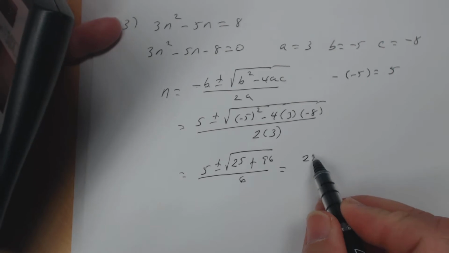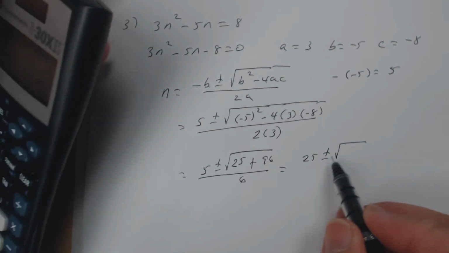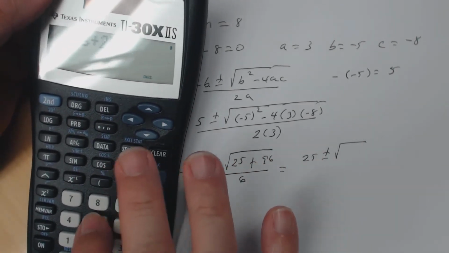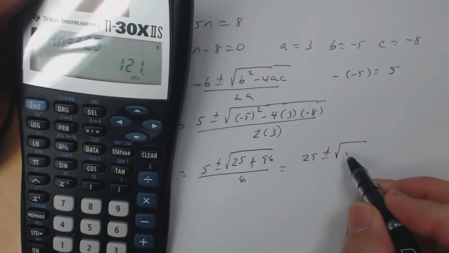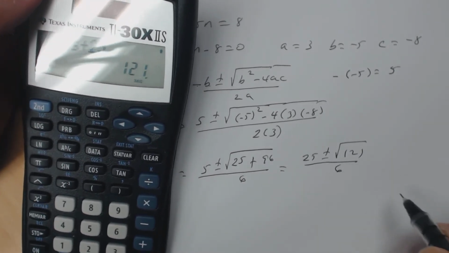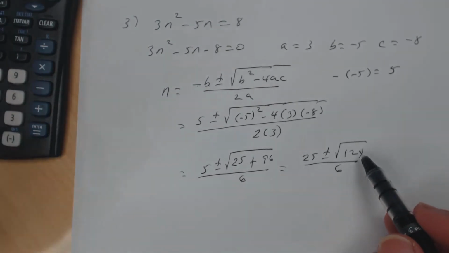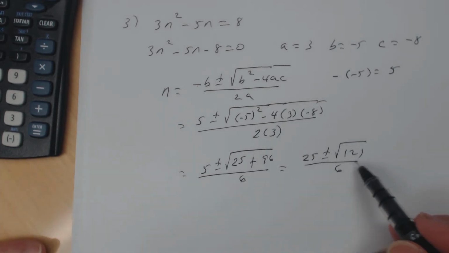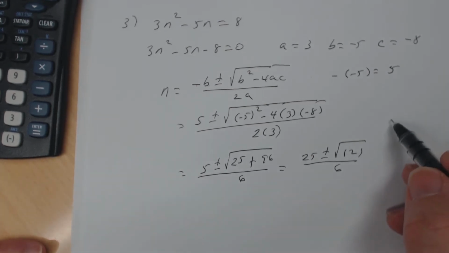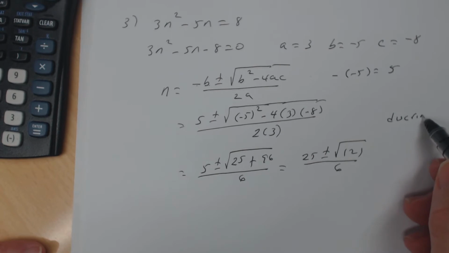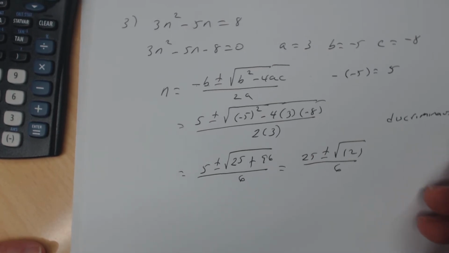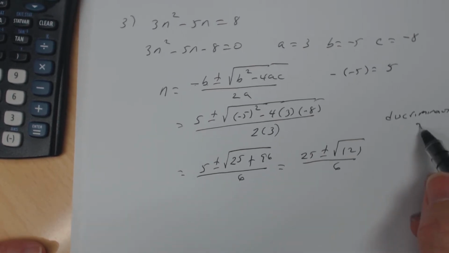So I get 25 plus or minus the square root of, okay, 96 plus 25 is 121 again, all over 6. And at this point, since the discriminant is positive, we're going to get 2 real solutions.